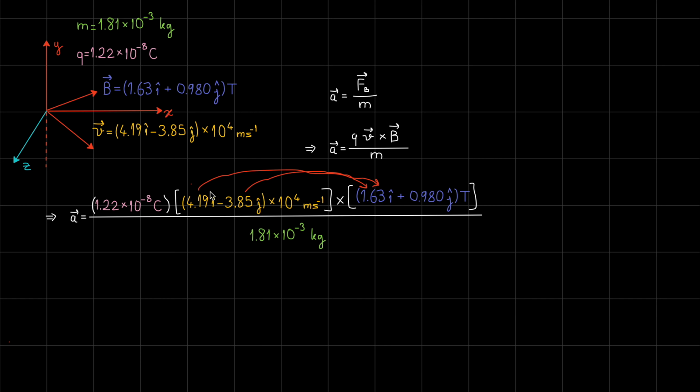Likewise, we're going to take the cross product of the x component of the velocity vector by the y component of the magnetic field vector. From there we get i hat times j hat, that's positive k hat.